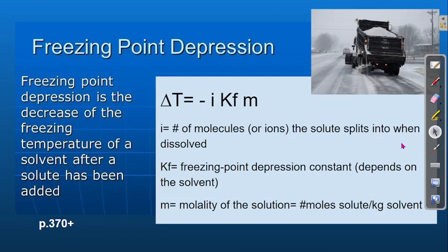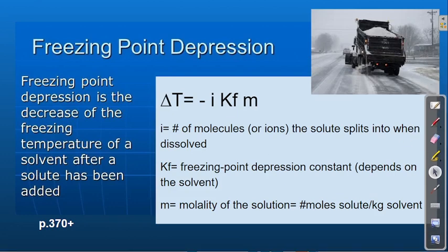What is a freezing point depression? Well, it is the depression, so the lowering of the freezing temperature, due to adding a solute into a solvent. So when you add a solute into a solvent, the freezing point of that solution that now has the solute in it will decrease.